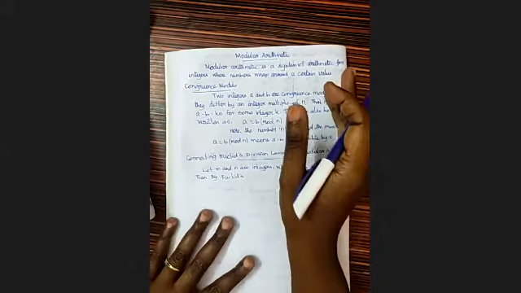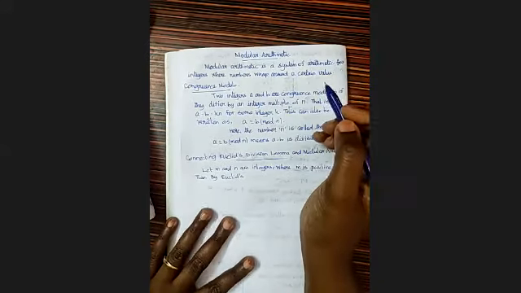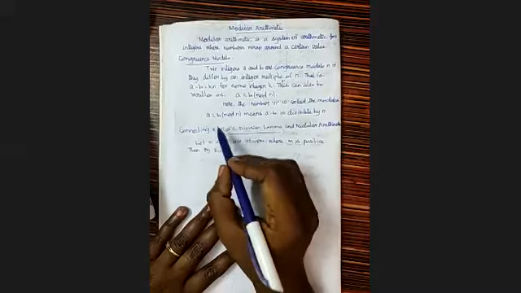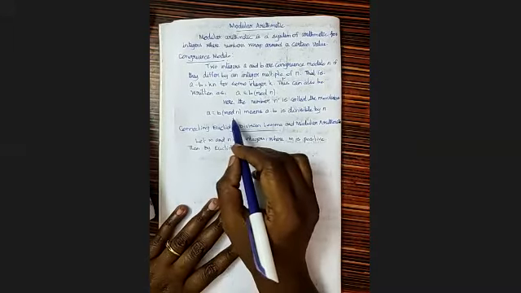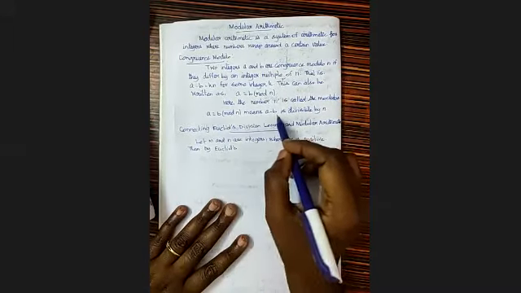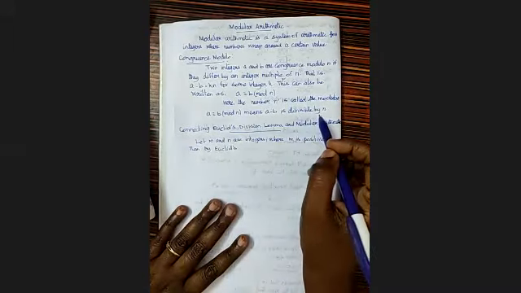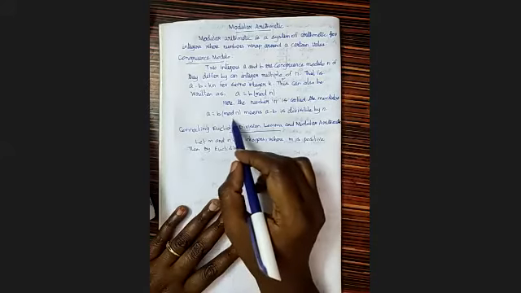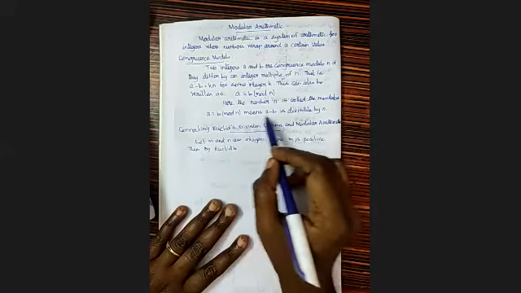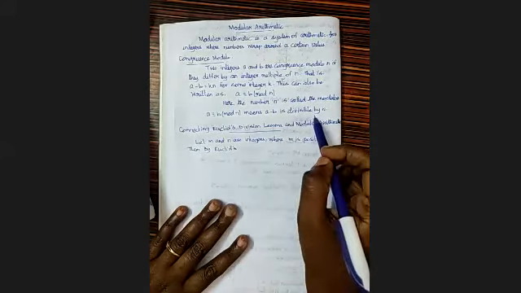Then we have seen what is congruence modulo. A congruent to B mod n means A minus B is divisible by n.